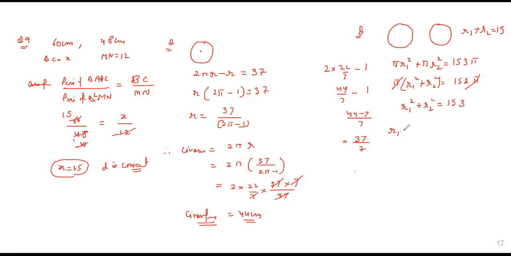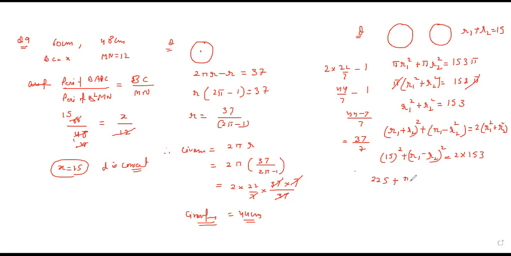See, r1 plus r2 whole square plus r1 minus r2 whole square is equal to twice of r1 square plus r2 square. So r1 plus r2 square is 15 square, plus r1 minus r2 square, equal to 2 times 153.